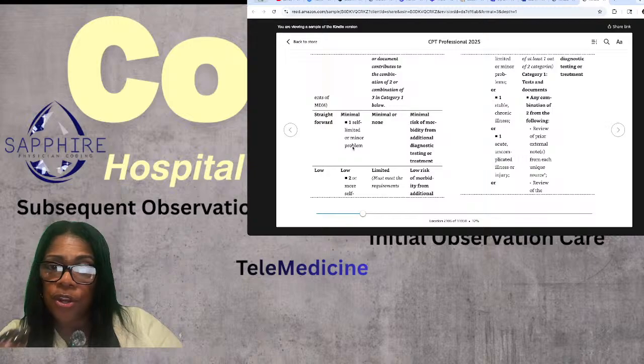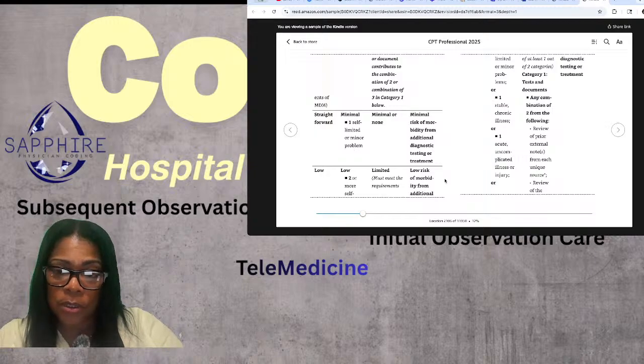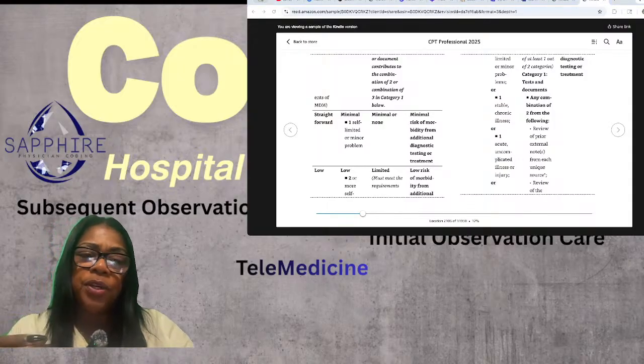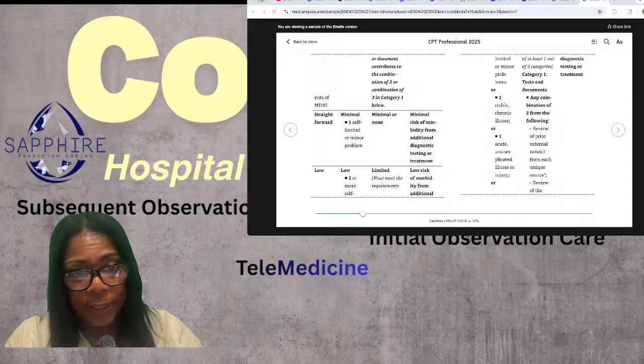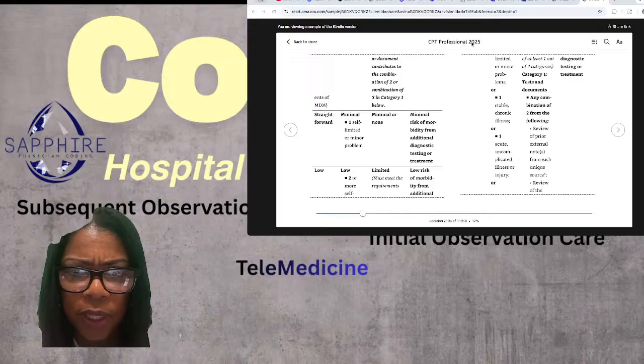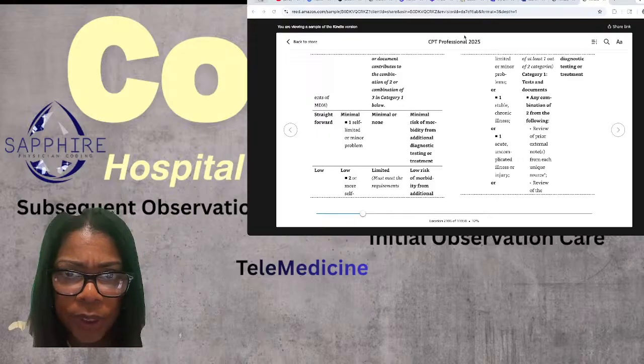When you read the note, you're going to know how many problems the patient has. You're going to know if it's straightforward, one self-limited or minor.